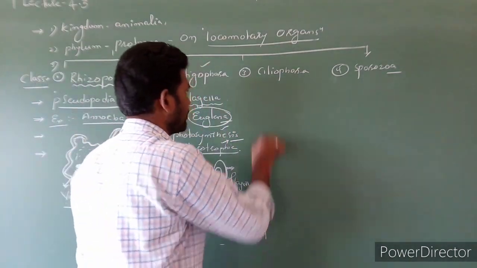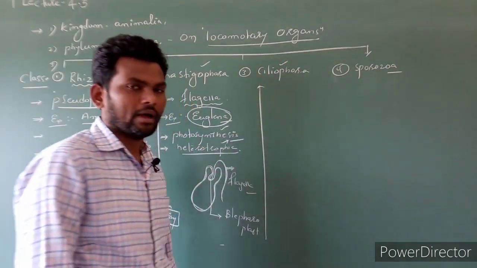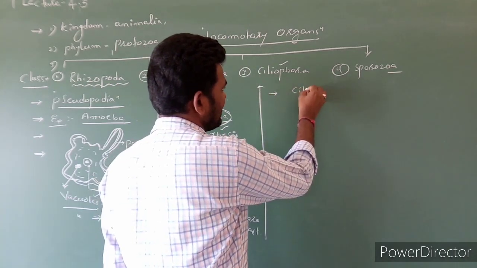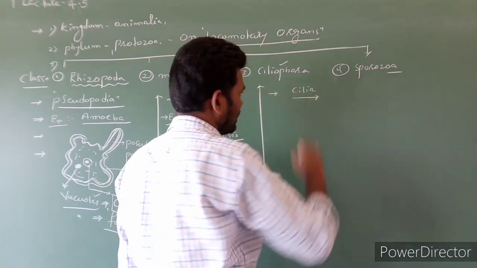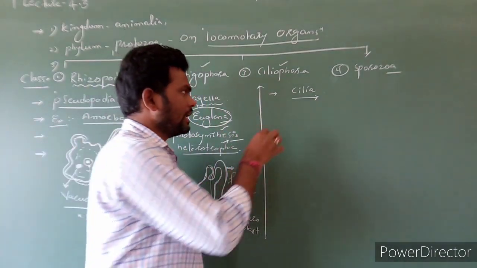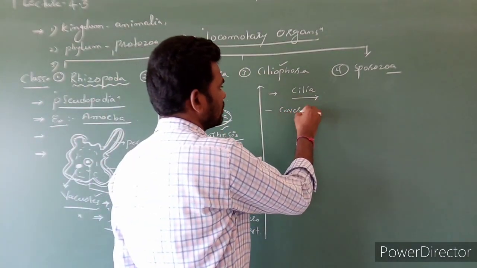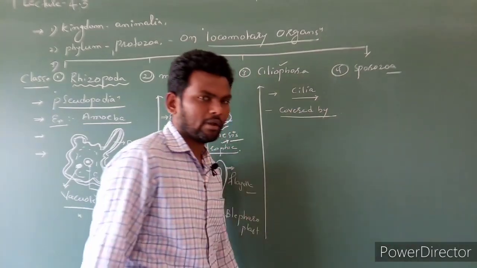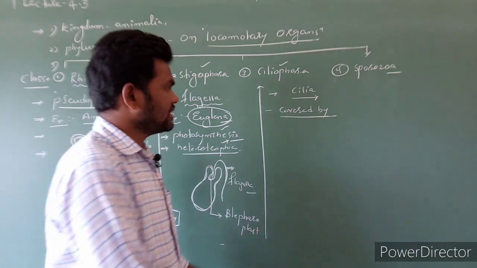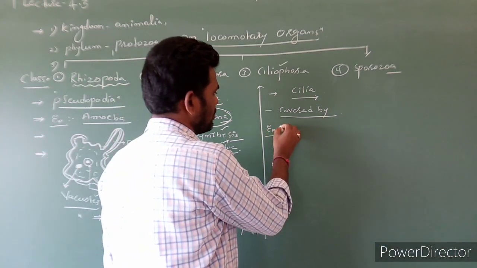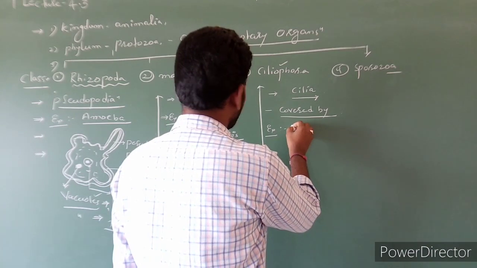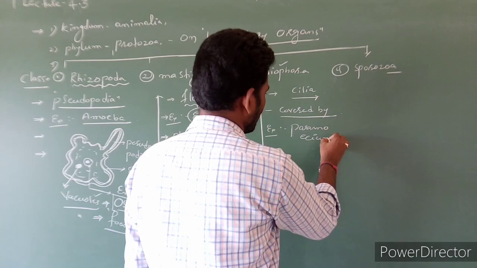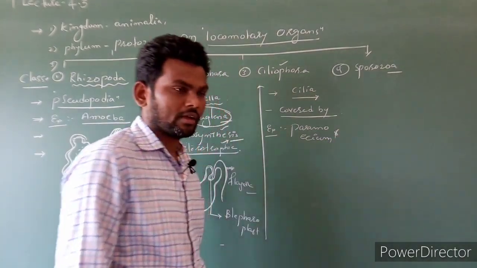Next one is Ciliophora. Here the locomotory organ is cilia. The body is covered by a number of cilia. Best example is Paramecium, like Vorticella.